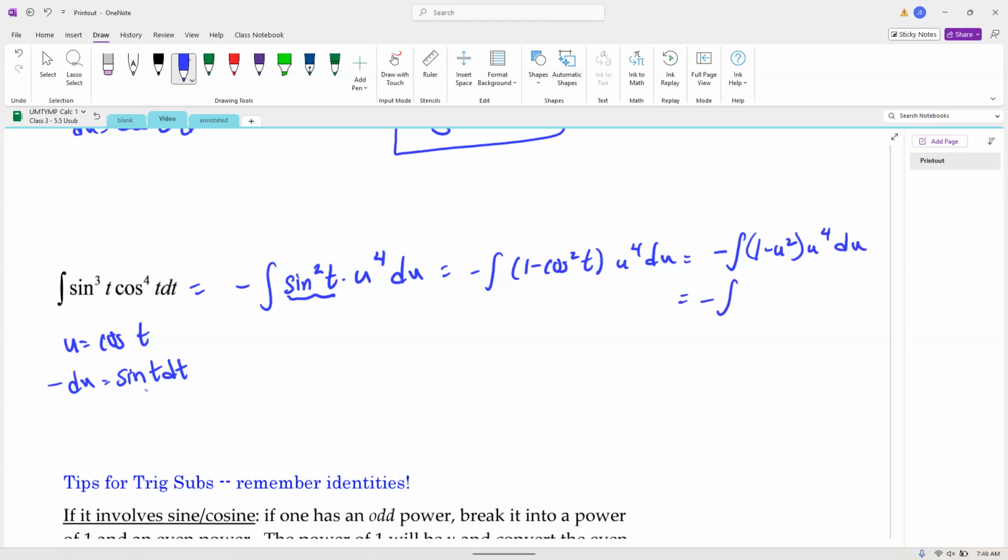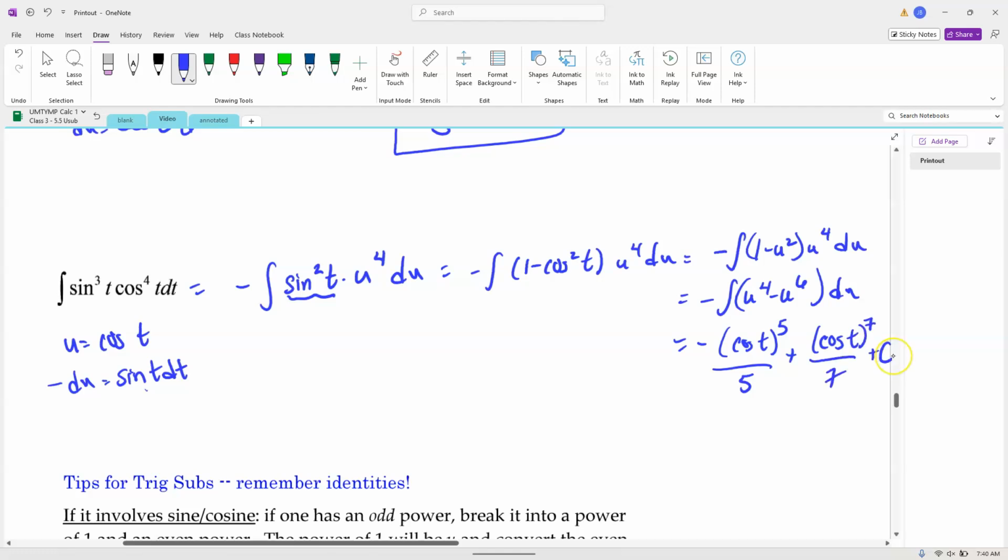Negative integral of u to the fourth minus u to the sixth du, and then find the antiderivative. So it'd be cosine of t to the fifth over 5 plus cosine of t to the seventh over 7, all plus c.